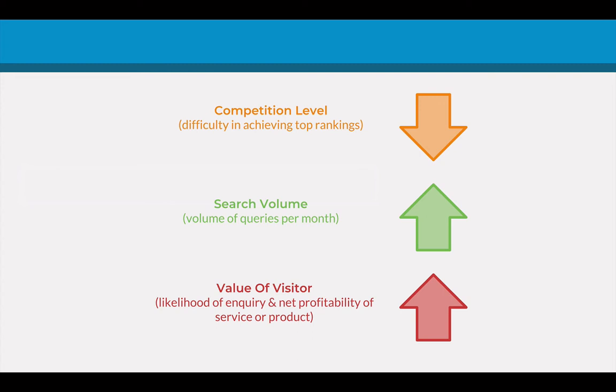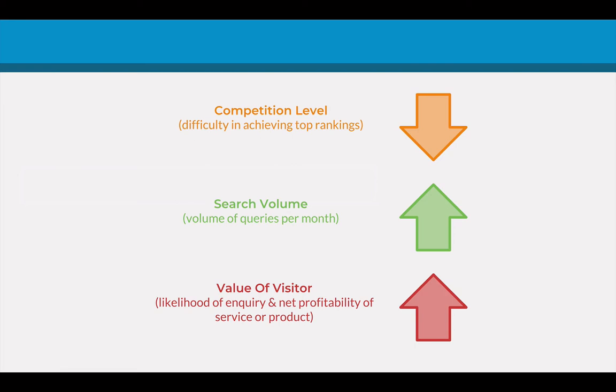Whereas if you targeted the search term, say, housekeeping Brisbane, very small variation, might be very low competition, still reasonable search volume, say, for example. However, it may be that people who type in housekeeping look for something ever so slightly different in a service than house cleaning, and that's not well suited to the service you offer.